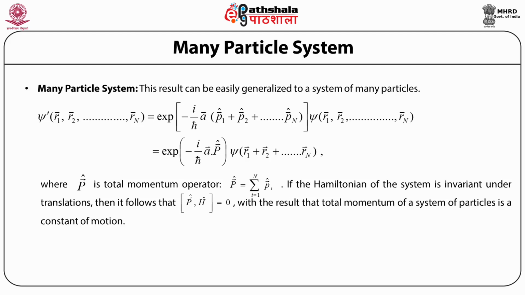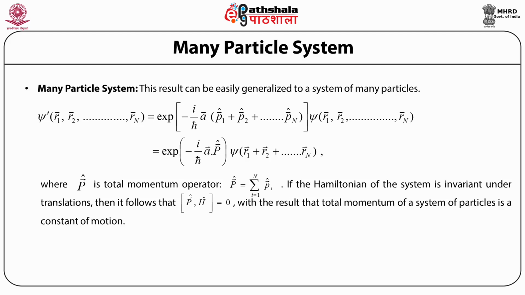So, the wave function for n particles is given by psi prime as a function of position vector r1, position vector r2 and so on, and position vector rn, where the position vectors r1, r2 and so on, position vector rn are the position vectors of the first, second and so on and the nth particle respectively.